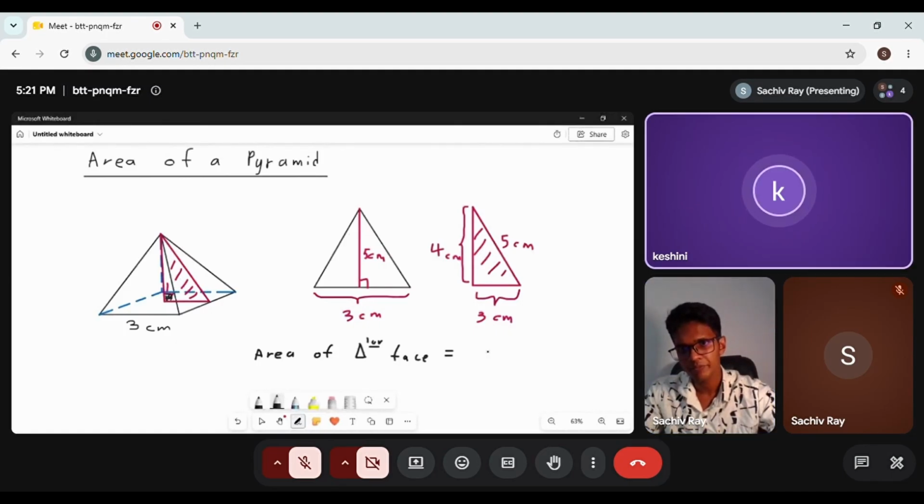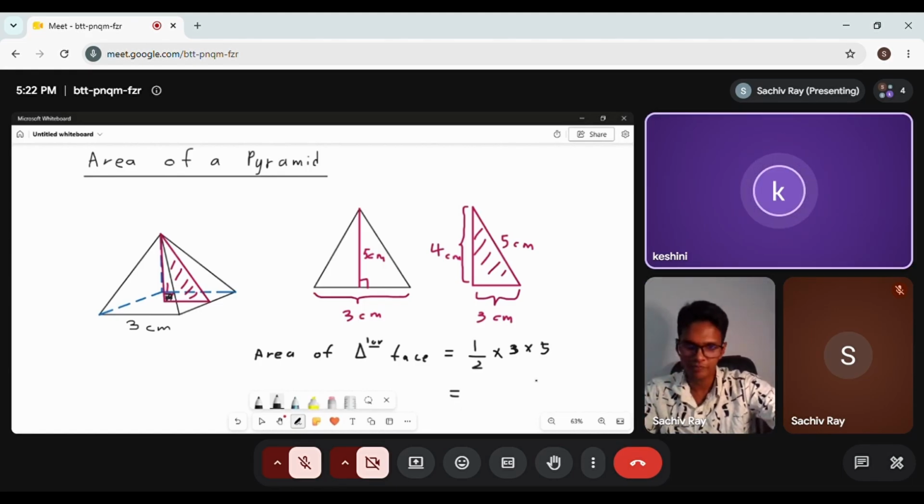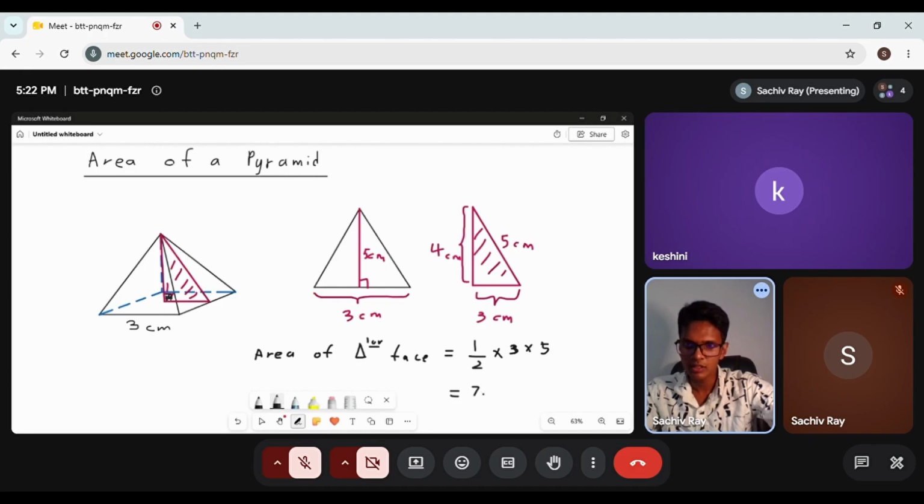Half times base times its perpendicular height. So that will be half times the base, which is 3, times the perpendicular height, which is 5. You get a decimal answer, that's fine. What's the answer? 7.5 centimeters.